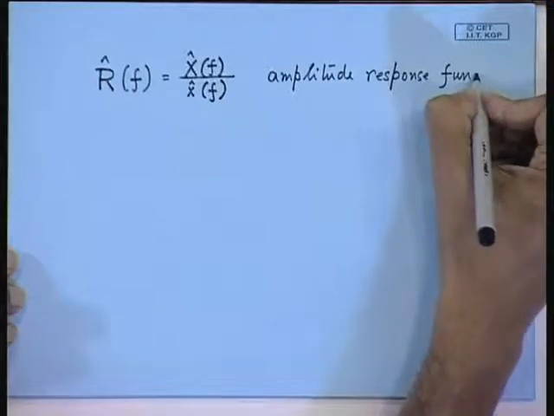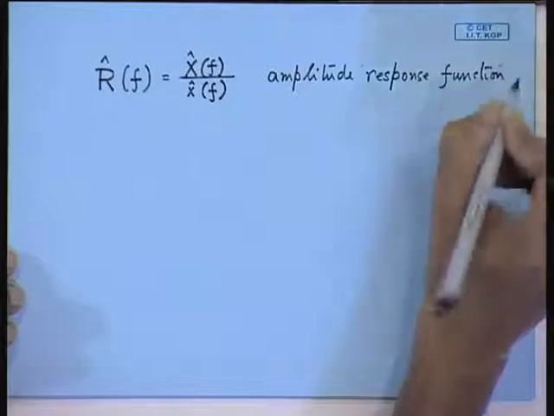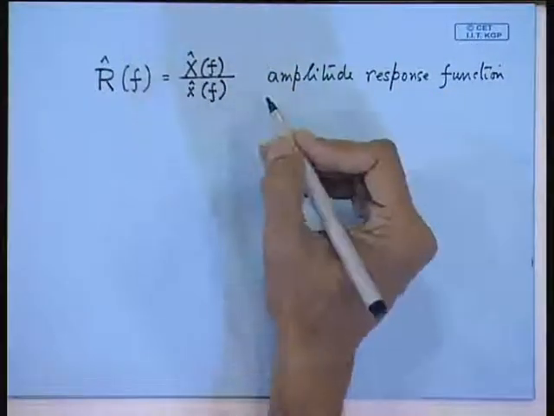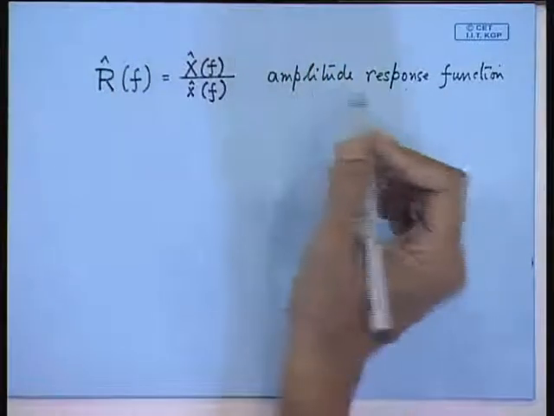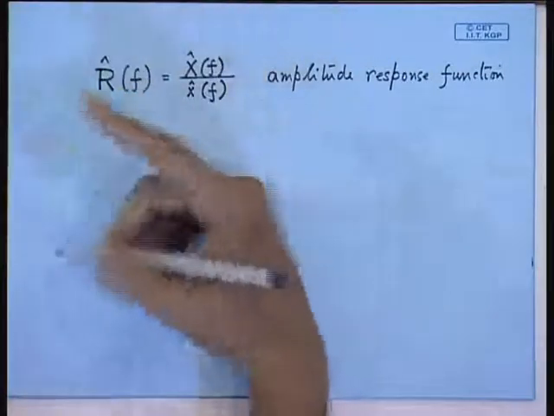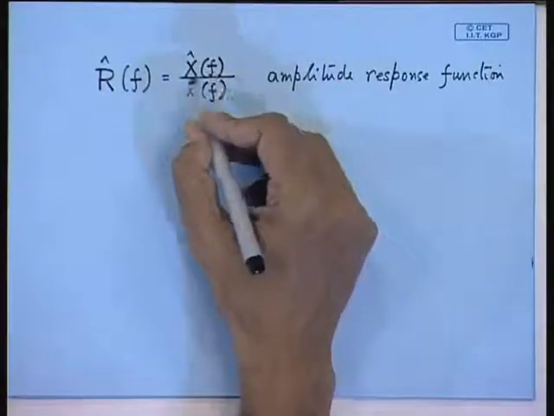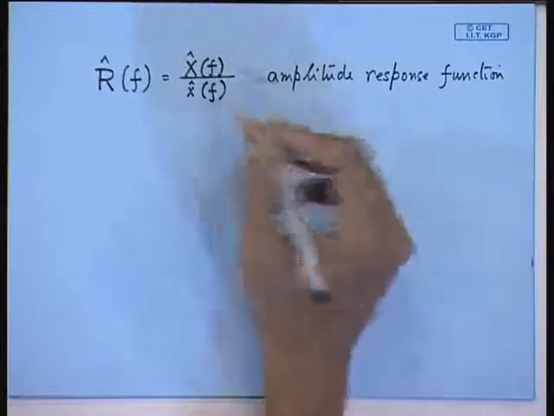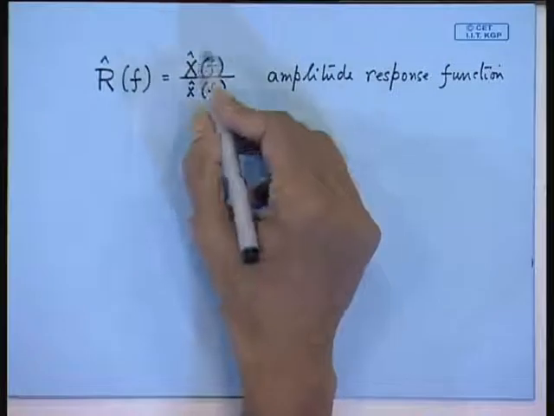Now, this is where we are interested, because we are more interested in getting this value of X from your wave. The wave amplitude, that is your incoming wave amplitude, you will get from the wave spectra, right. Now, how to get capital X of F, this is where your heave response or pitch response will be.